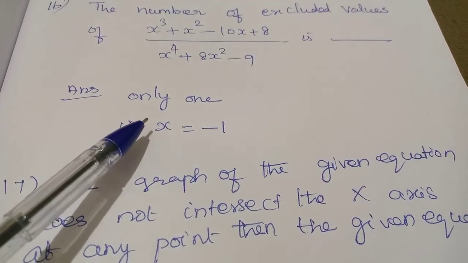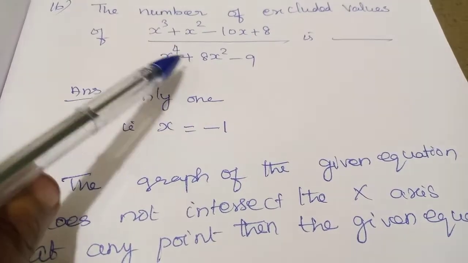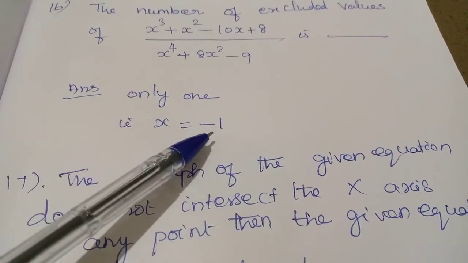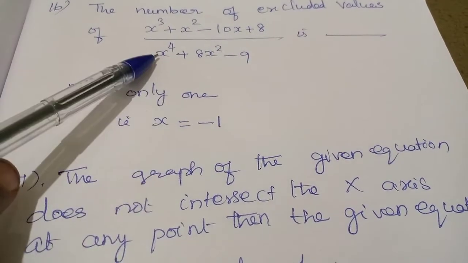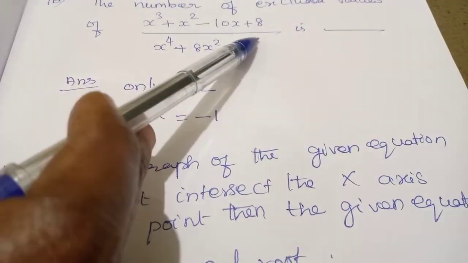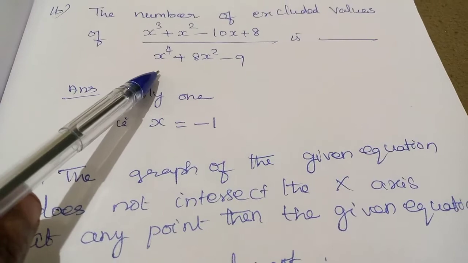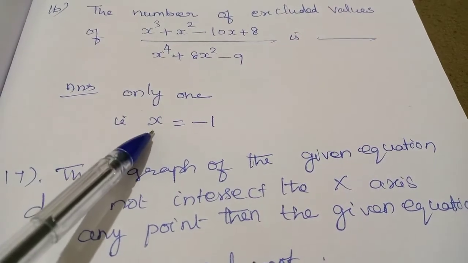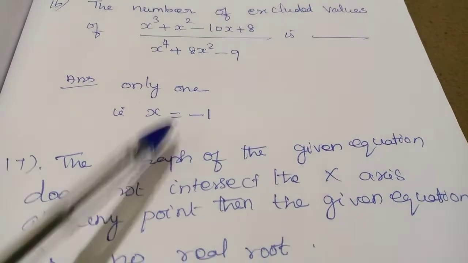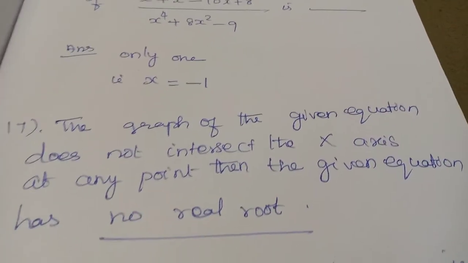What number gives us 0? There is only one value, that is minus 1. In place of x, if you apply minus 1, the denominator term becomes 0. So there is only one value, x equal to minus 1. That is the answer. Come to the next question.